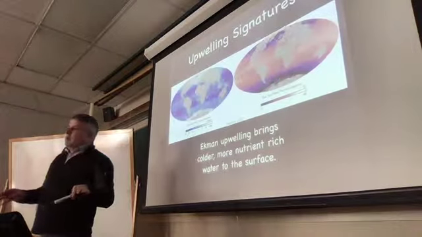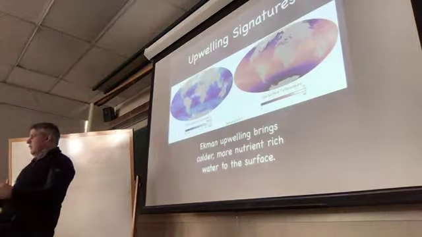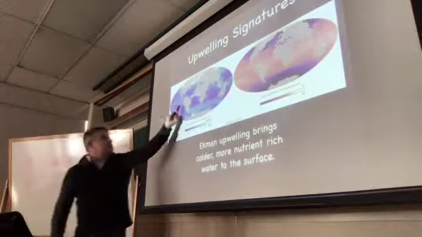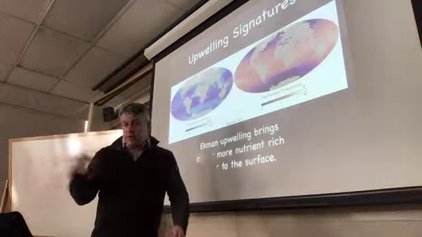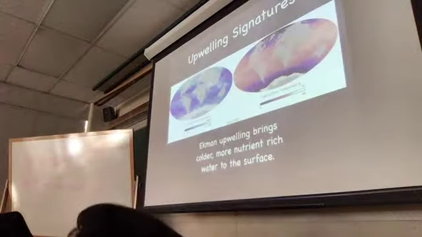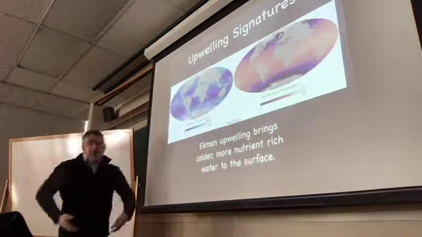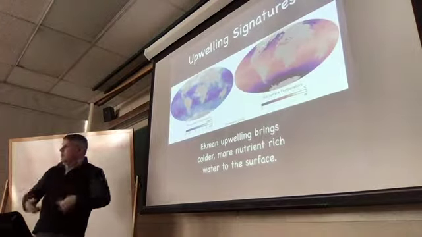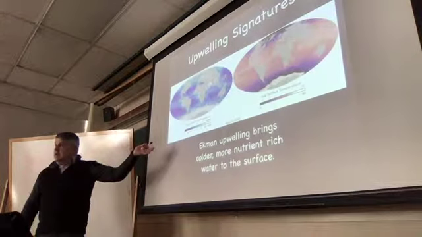Those are all upwelling places where the wind is blowing equatorward along the coasts, or the wind is blowing trade wind westward along the equator. So that deeper water is being brought up and it's blooming. And so we see it in chlorophyll.